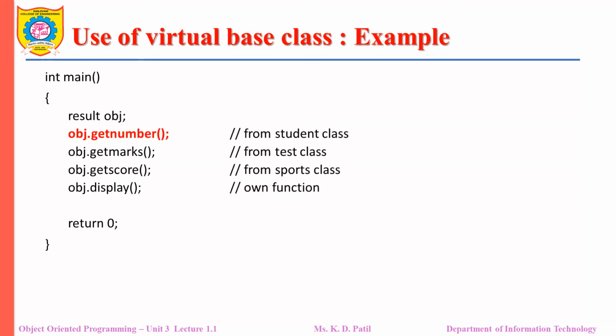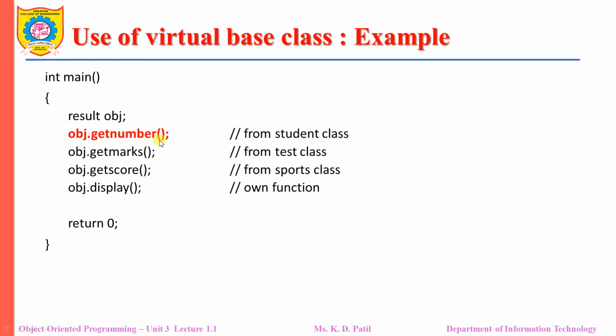Now let us see how the main function has been implemented here. Here result is my derived class. I have created the object obj of the derived class. Now when I invoke the function get number, I can use obj as an object, and this get number is the member function of the student class.